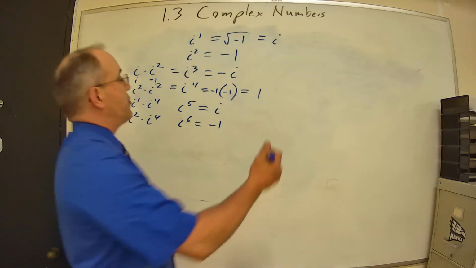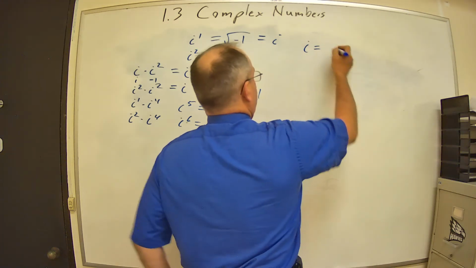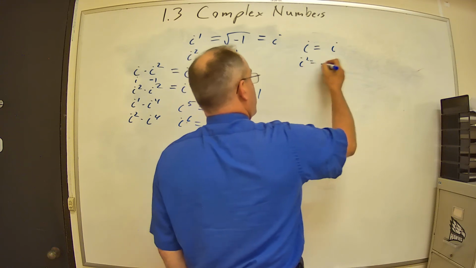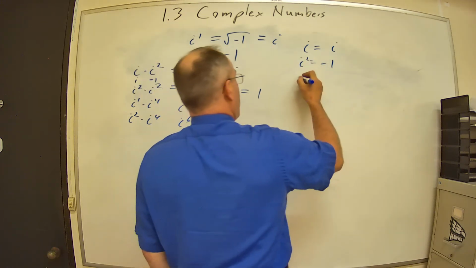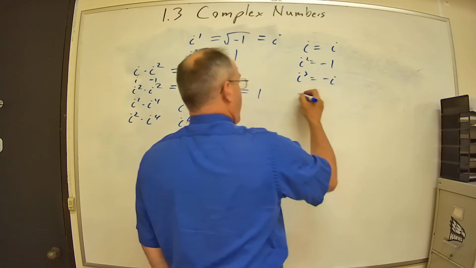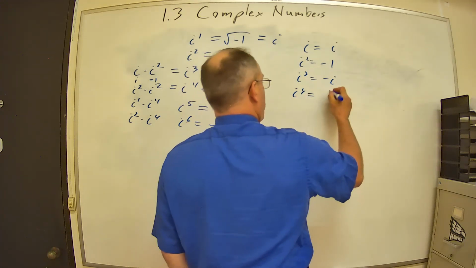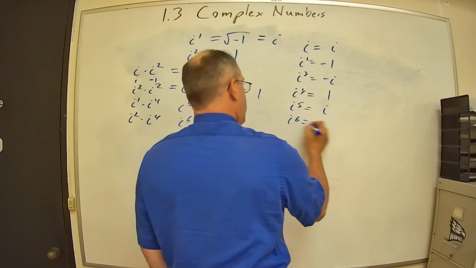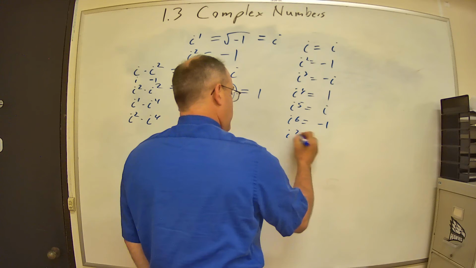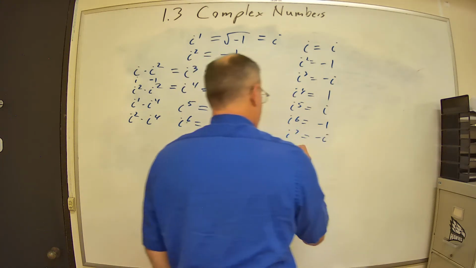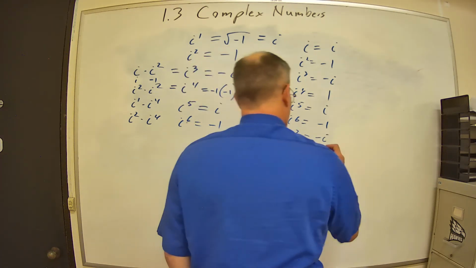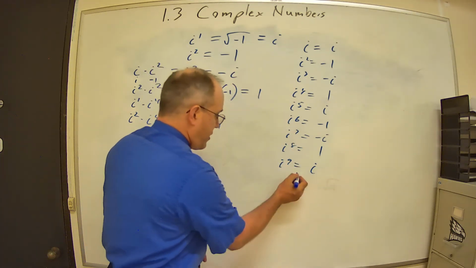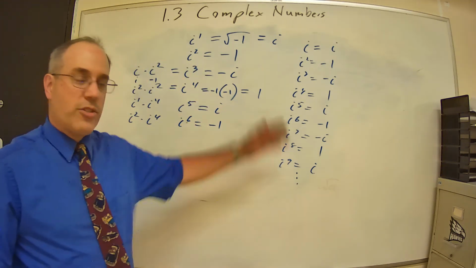So what's going to happen is we have i is equal to i. i squared is equal to -1. i cubed is equal to -i. i to the 4th is equal to +1. i to the 5th is equal to i. i to the 6th is equal to -1. i to the 7th is equal to -i. i to the 8th is equal to 1. i to the 9th is equal to i, etc., etc. Right?